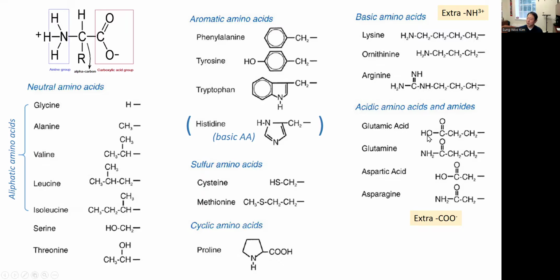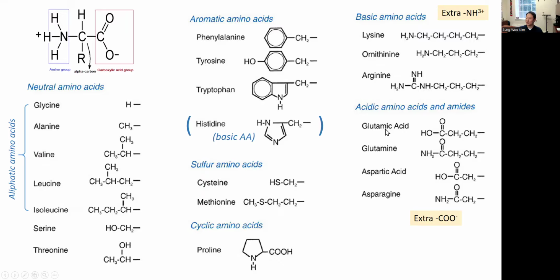At the neutral pH, this carboxyl group will lose the hydrogen and be negatively charged. So if you look at glutamic acid, there will be a net negative charge. So that makes this amino acid acidic. So these two are acidic amino acids under neutral pH because they have an extra carboxylic group in their R group.